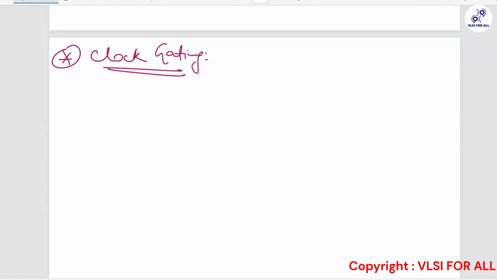At that time, we can shut off that clock. That means all the unnecessary transitions will be suppressed without affecting the functionality. So that is clock gating. And we know there are huge opportunities to shut off circuits that are not in use.